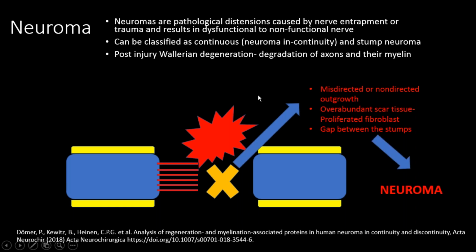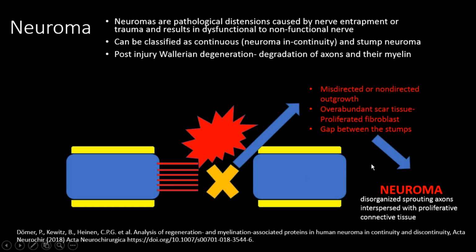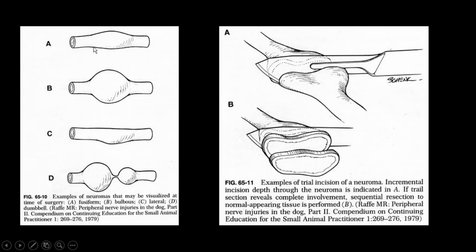And neuromas can be of different types. These neuromas are disorganized sprouting axons interspersed with proliferated connective tissue. So there are some tangled axons because of axon sprouting and scar tissue and connective tissue in that neuroma. So a neuroma can be fusiform, it can be bulbous, or it can be a lateral neuroma.